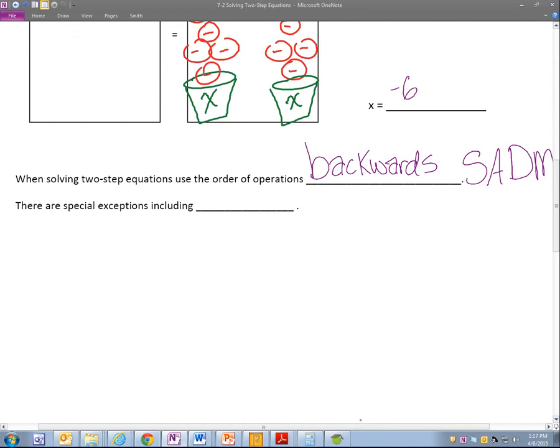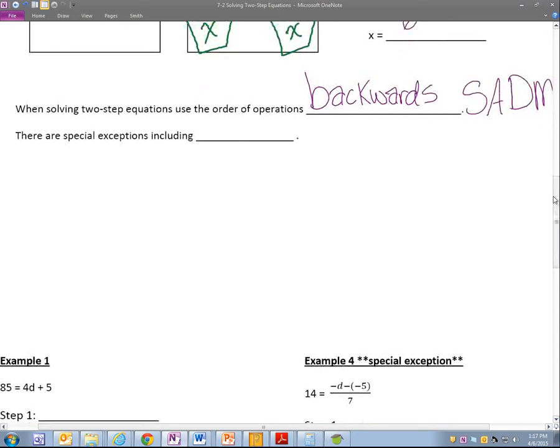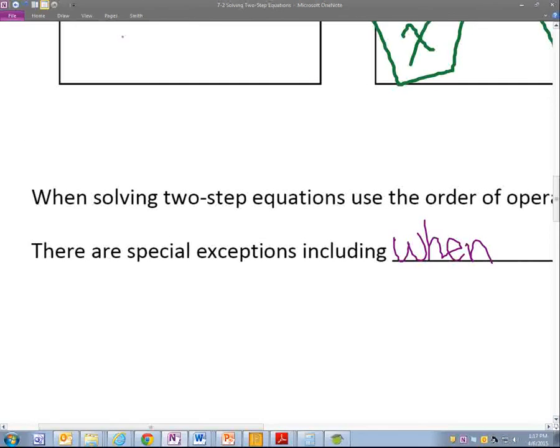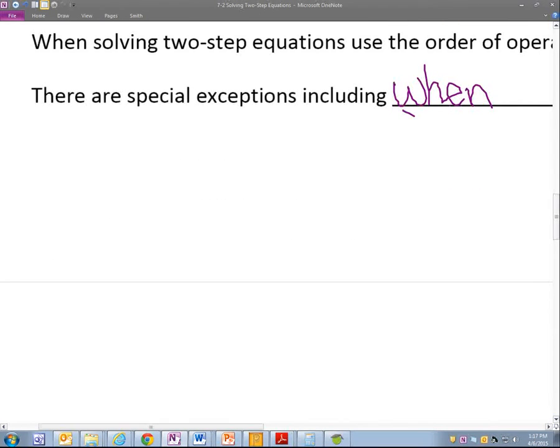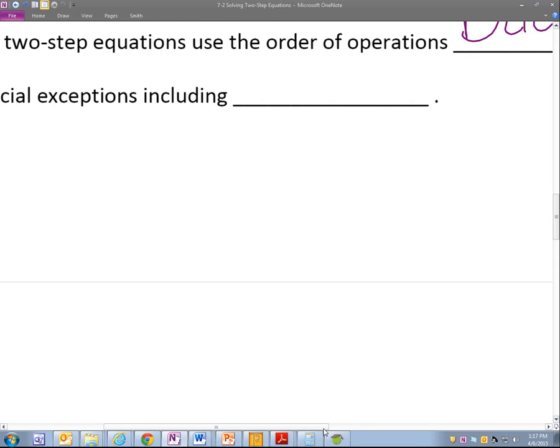There are some special exceptions to this. An exception is when the whole side is a fraction.